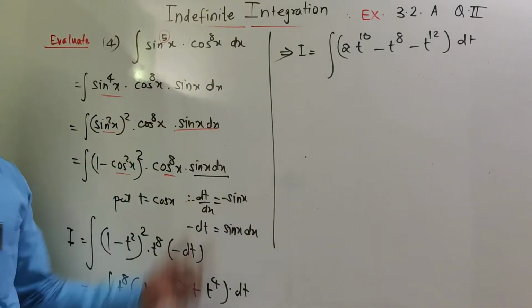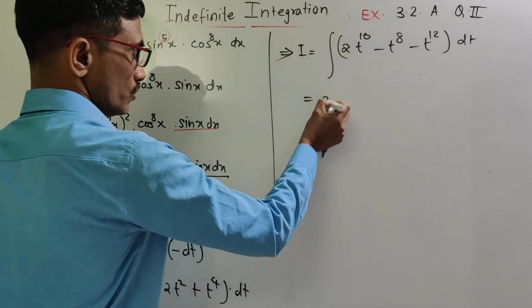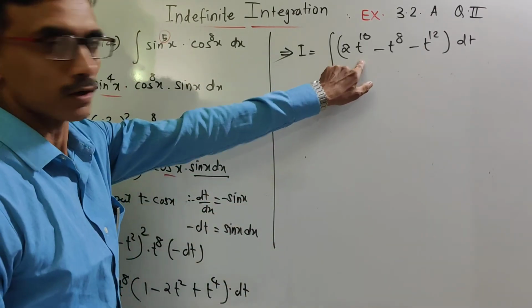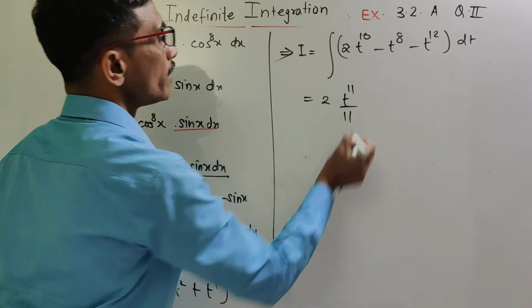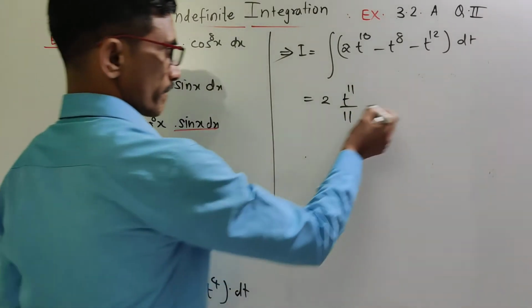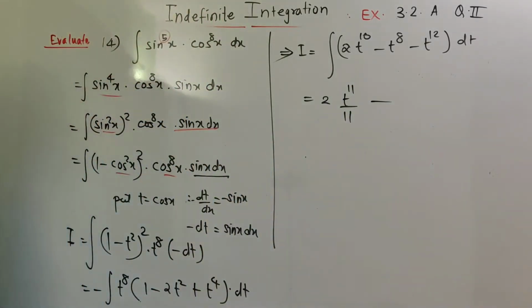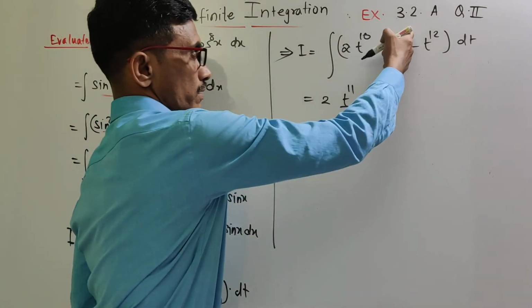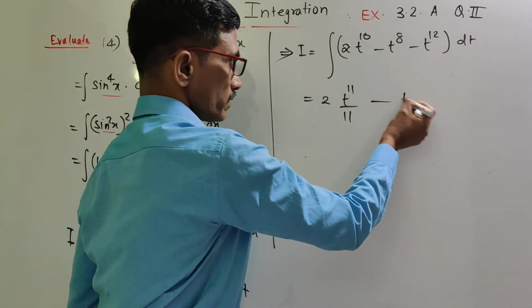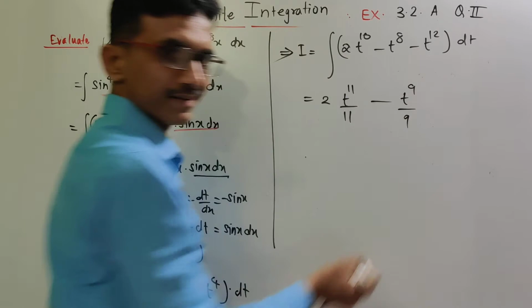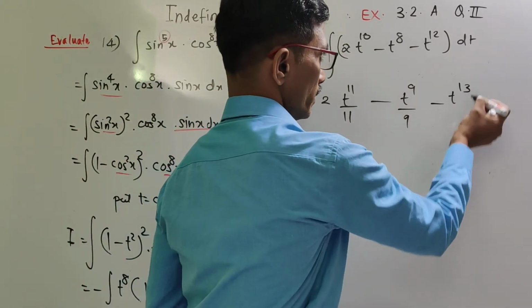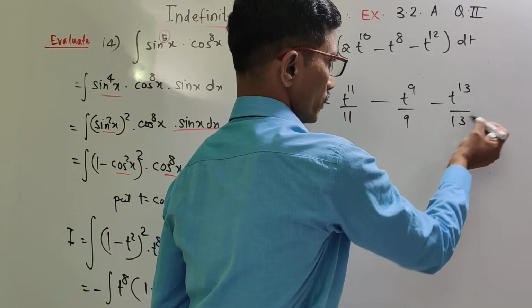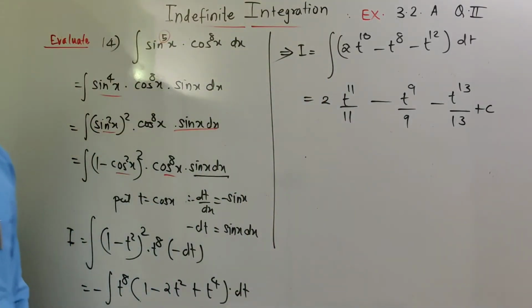Now we integrate this. Integration of t raised to power 10 is t raised to power 11 upon 11, minus t raised to power 9 upon 9, then minus t raised to power 13 upon 13 plus c.